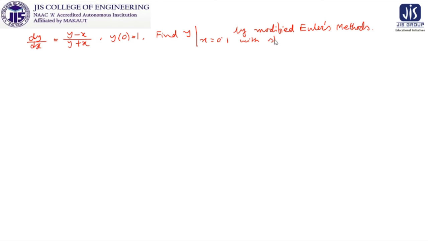So it is mentioned in the question that the step size h is equal to 0.05, and it is also mentioned that we have to do the problem correct up to 4 decimal places.